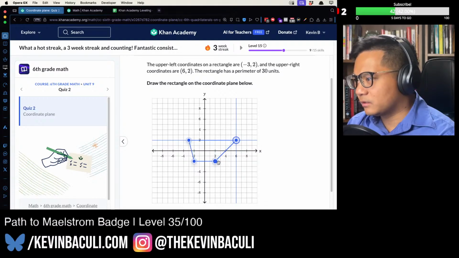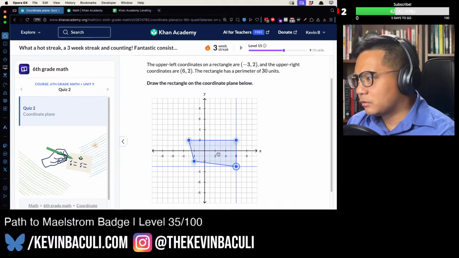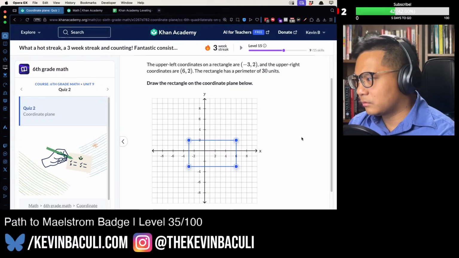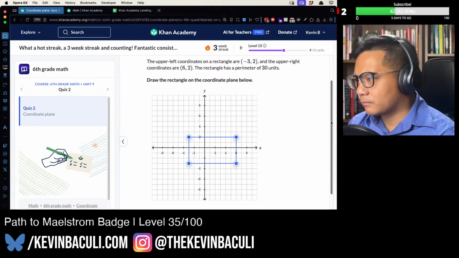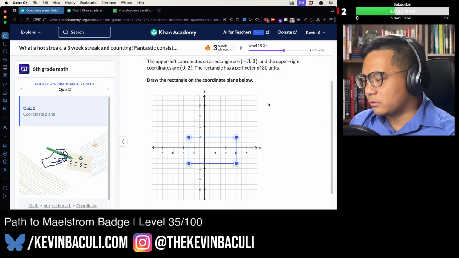This is 9. 6. Perimeter of 30 units. So 9 plus 15.